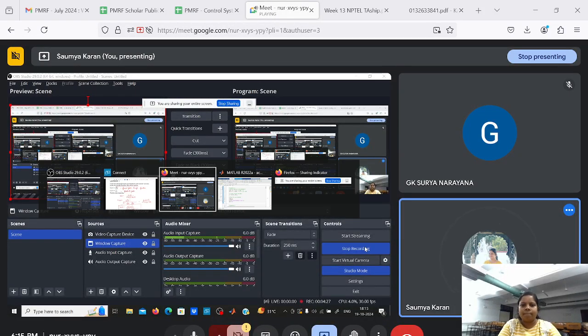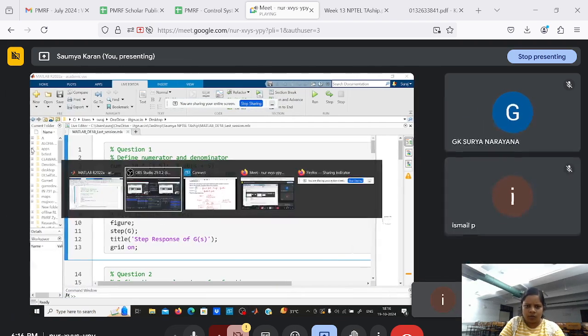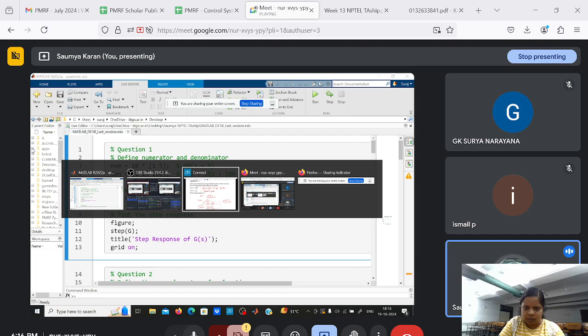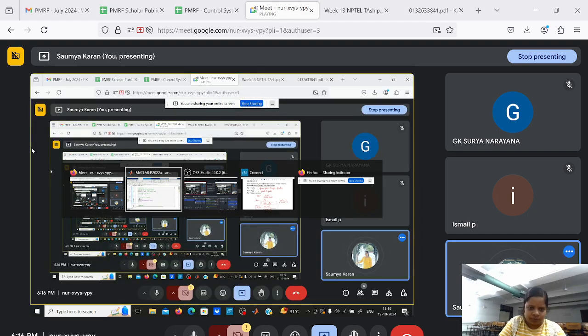Okay, so this is MATLAB. I have referred many times to this window till now, and yeah, it is very simple. This is the basic editor part, in which this is the time when we are defining the MATLAB program in this format.